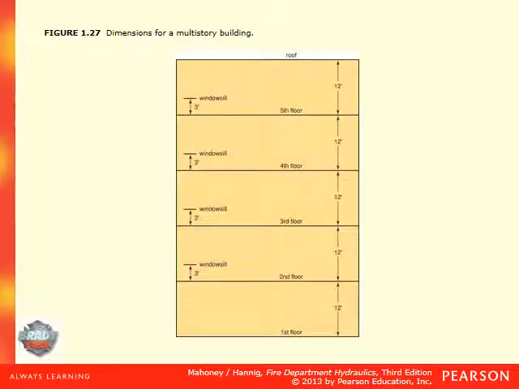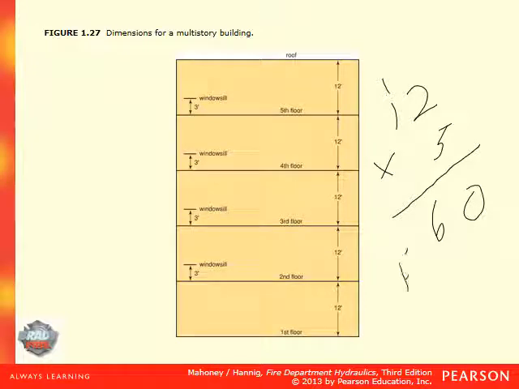If there are 12 feet per floor and 5 floors, how many total feet high is this building at the roof? Very simply, 12 feet times 5. This building is a total of 60 feet high.